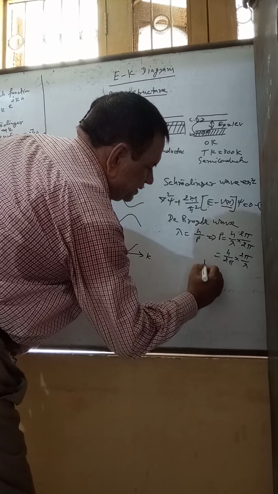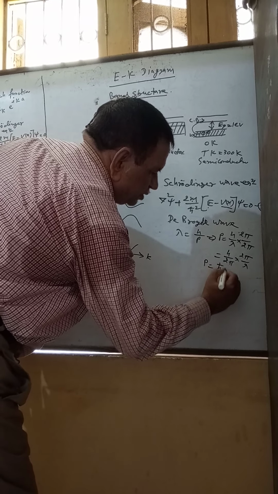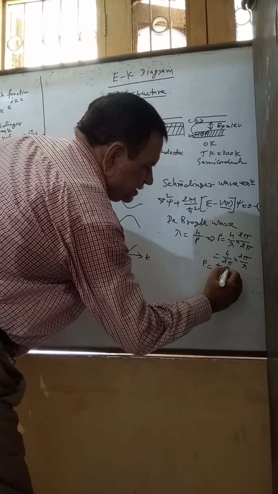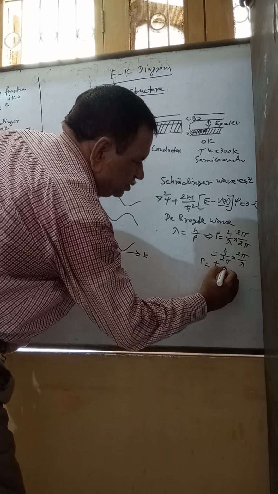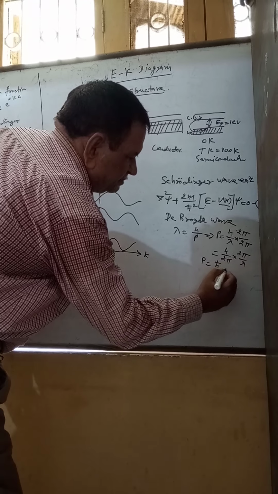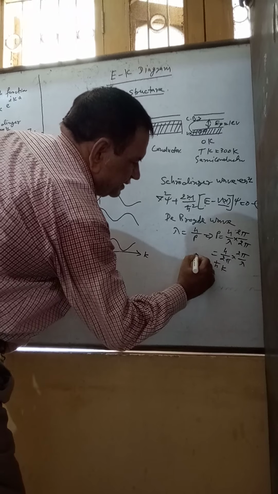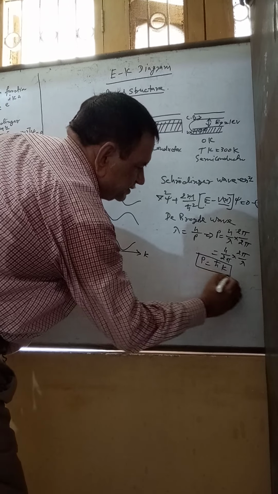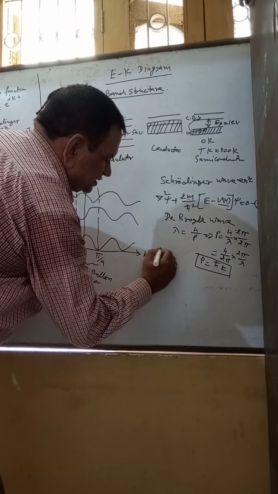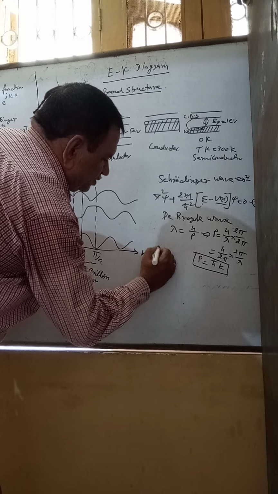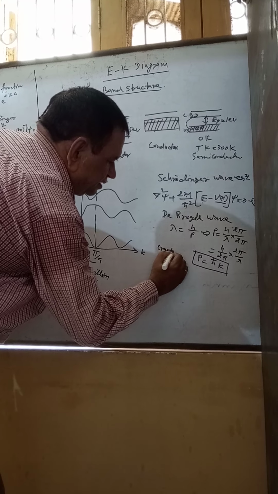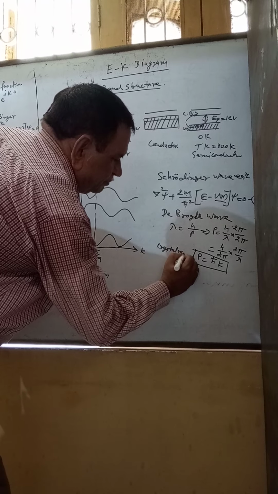It means p is equal to h cross into 2 pi by lambda. This is the vector k, and p is known as the crystal momentum.